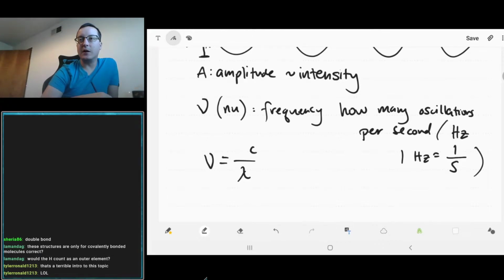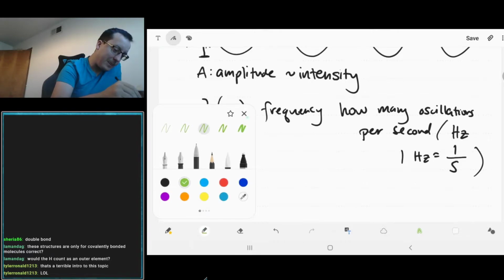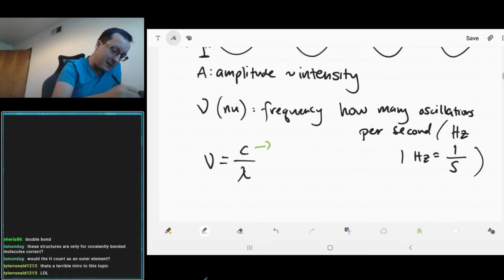So c is the speed of light, in meters per second. Lambda is in meters, and so we're going to see that's how these are related. c is 3.00 times 10 to the 8th meters per second. That's the speed of light.